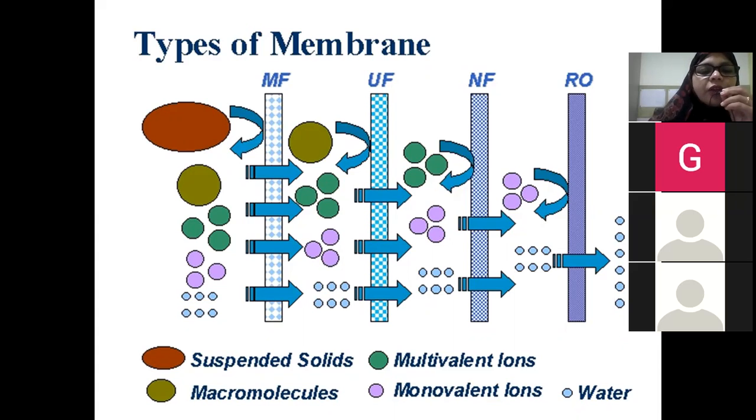Yes, bicarbonate ions. Very good. So these are monovalent ions. तो जो purple color का आपको balls दिख रहा है, they are monovalent ions. And after that, at the end, you can see blue color small balls, and they are nothing but water molecules.